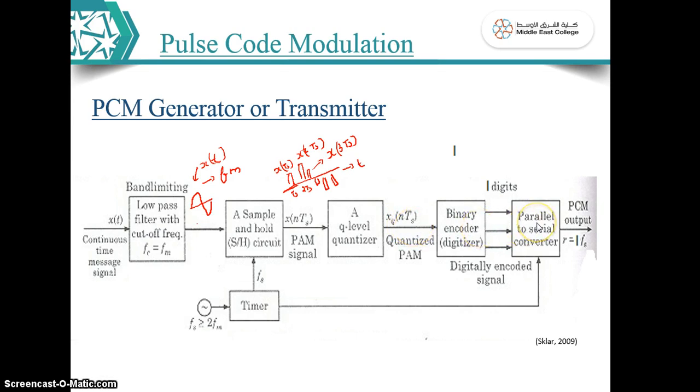We cannot transmit 3-bit or 4-bit words as such, so we use a parallel to serial converter, and each 4-bit word is transmitted serially at the PCM output. This is the practical block diagram of a PCM generator.